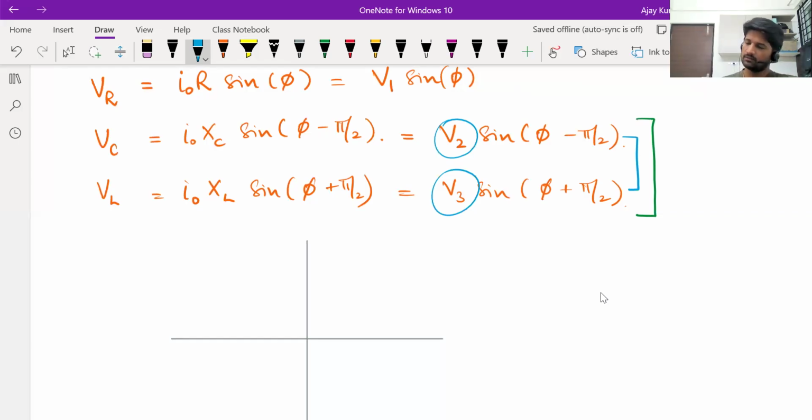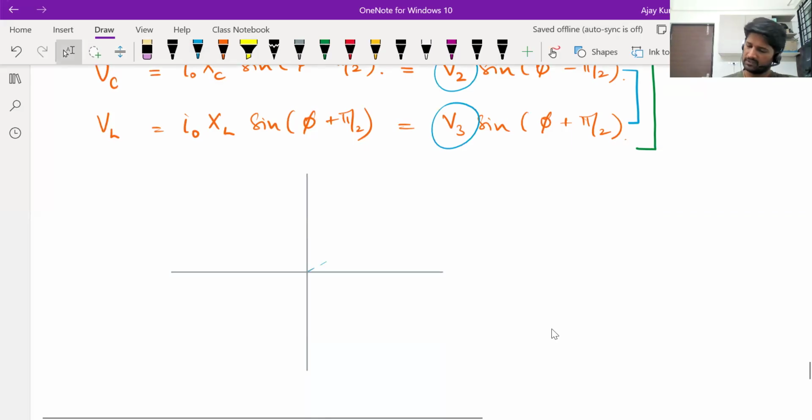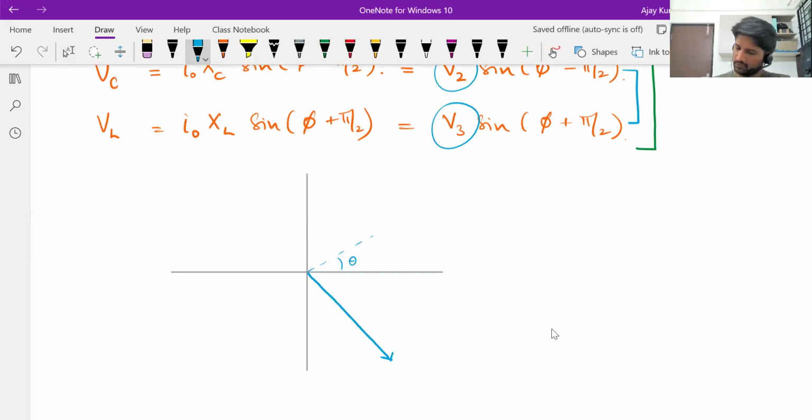So if you take, let's assume some angle phi first, imaginary angle. Then phi minus pi by 2 would be like this. So take V2 vector this way. And phi plus pi by 2 would be like this. Take V3 vector like this. They are exactly opposite to each other. And if two vectors are exactly opposite to each other, then what is the resultant?